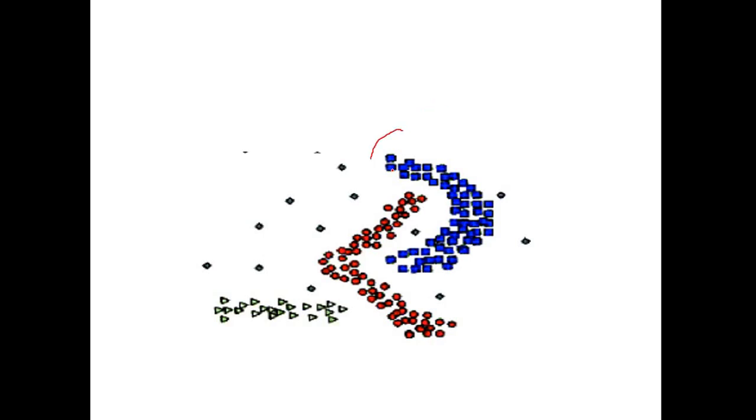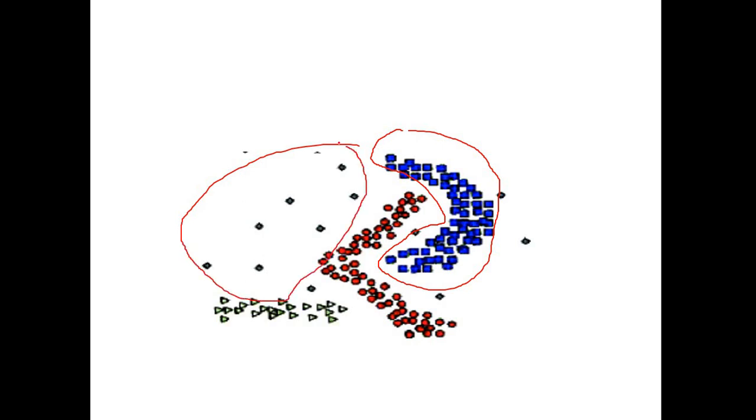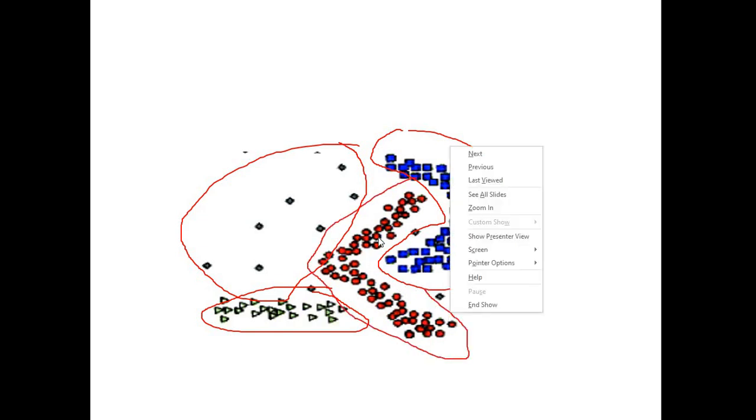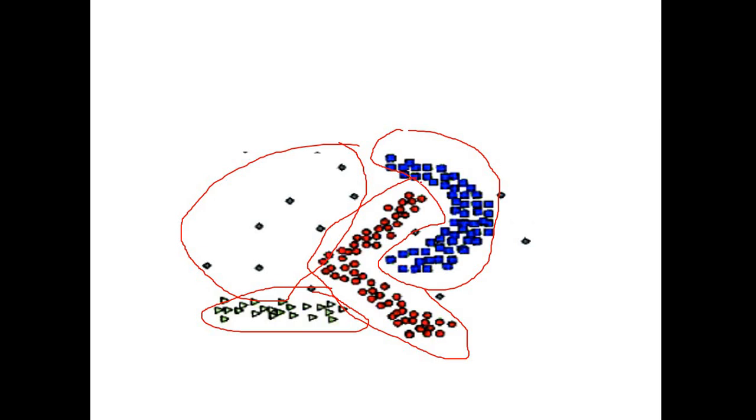Here, these are all dense areas. These are sparse areas, that means less density of points in this area and more density of points here. Like that, this is also one cluster with this shape, and this is another cluster with this shape. Like that, we have various forms of clusters.